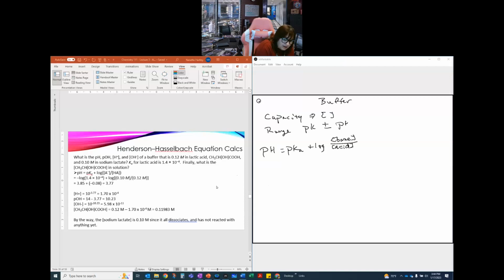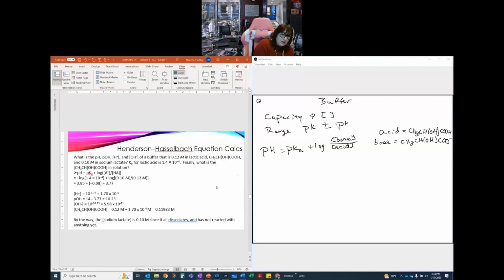Since I'm working with an acid that is lactic acid, CH3CHOHCOOH, the base that I have here is going to be the conjugate base of that, so I'm going to have lost a proton. That's CH3CHOHCOO minus. Okay, that's the anion that's going to come from the sodium lactate.